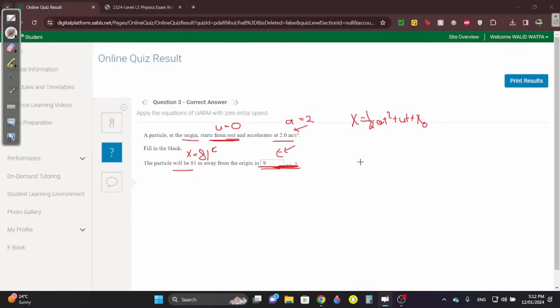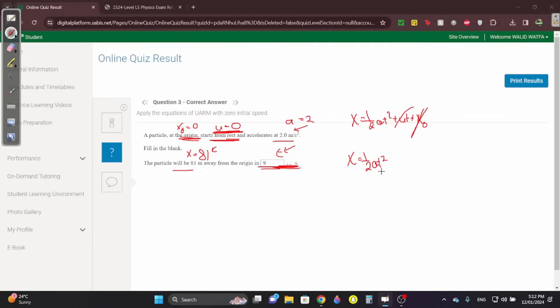Since u is 0, you can cancel out this ut. And since it starts at the origin, x node is 0. Origin means you're starting at 0, so the initial position is 0, so you can also cancel this out. So you're going to only be left with half at squared.